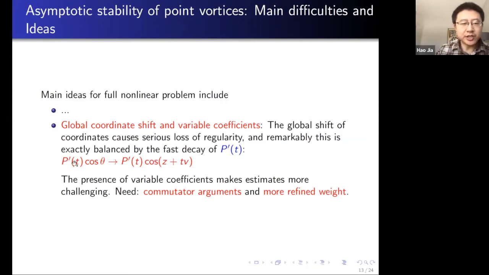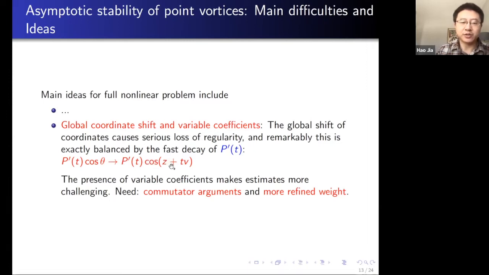So this function in the r, theta variable would be very nice. But we are working with z and v variables, and theta is given by z plus tv. So suddenly we are looking at p'(t) cosine(z plus tv). This function is horrible because it carries a tv here, and if you take a derivative in v, you have polynomial growth in the derivative.